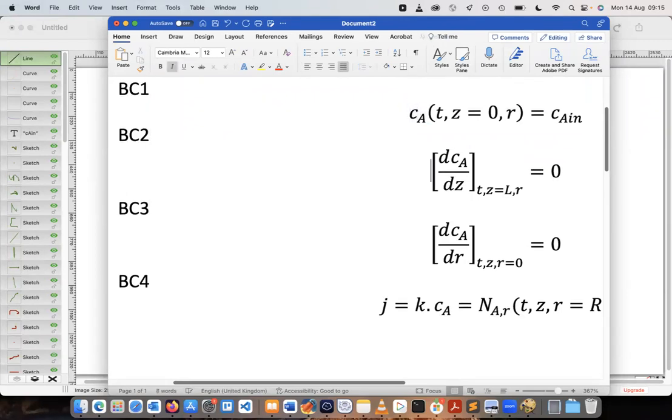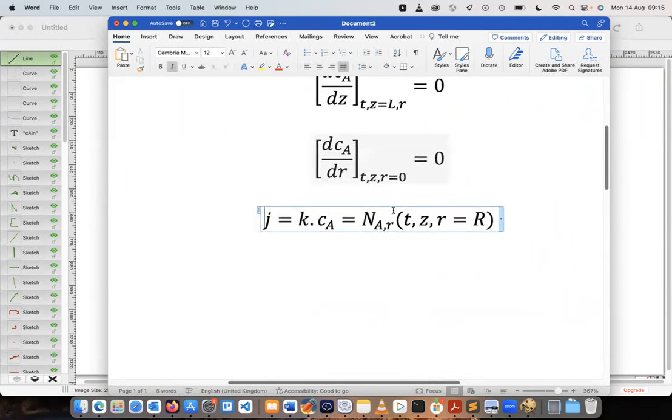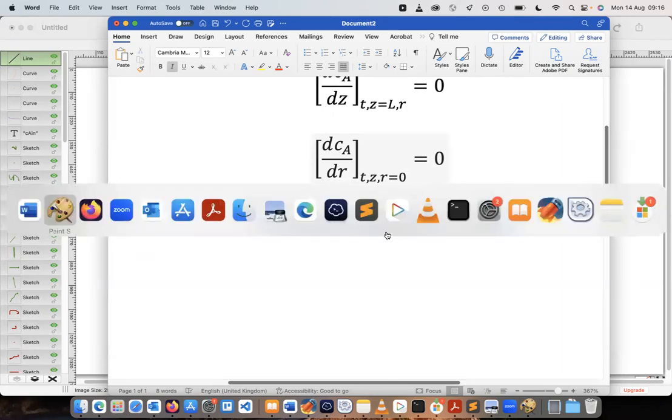And we had labeled this one 1. So the fourth boundary condition says this. We then have to think about the molar flux in the radial direction. We did talk about this. We had specified the molar flux in the radial direction for this case.